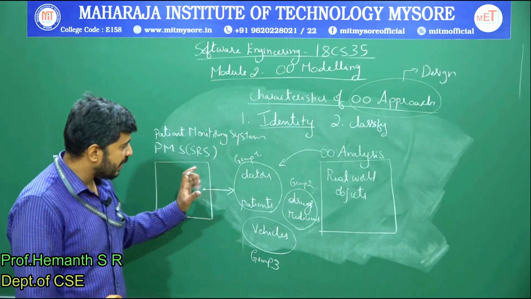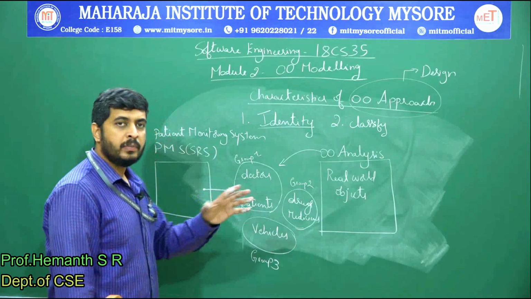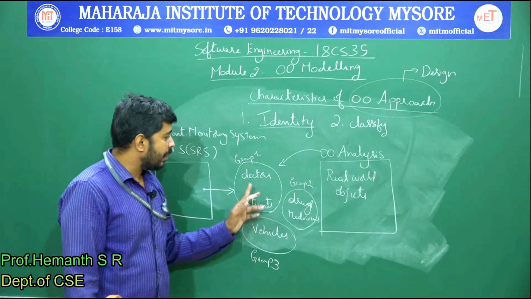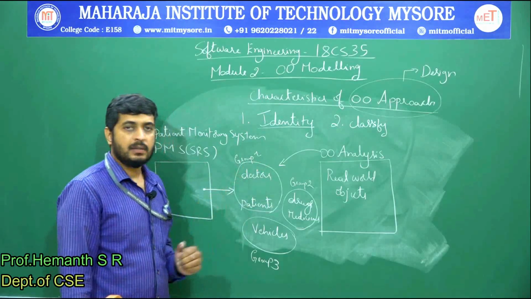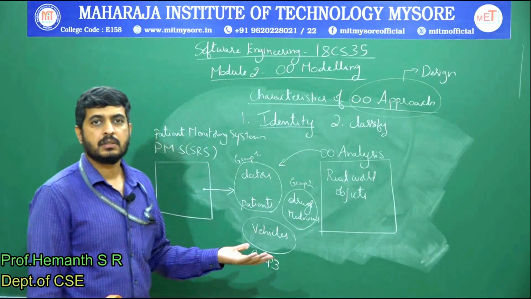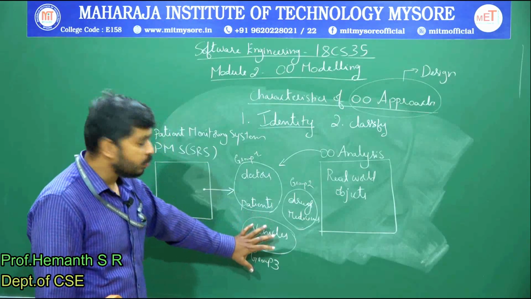This is my classification. See how the classification has been done, based on similarity. Doctors and patients are human beings, so with that criteria I have grouped them into group 1. Vehicles are non-living objects which can move, so I have put them under one group.